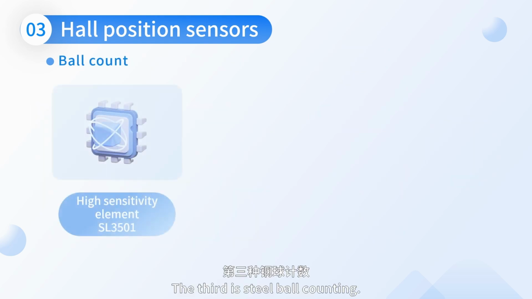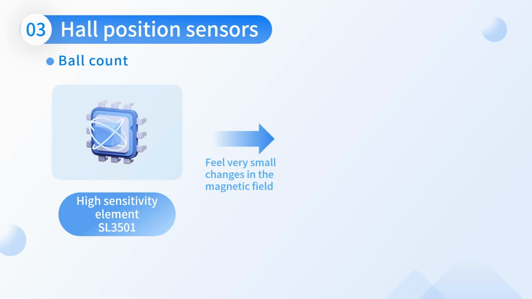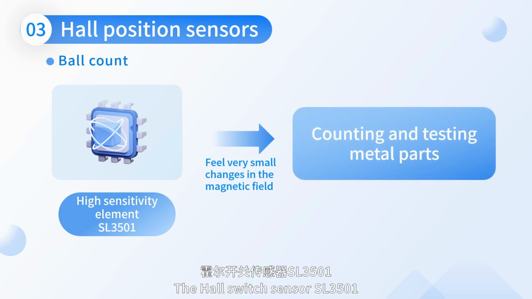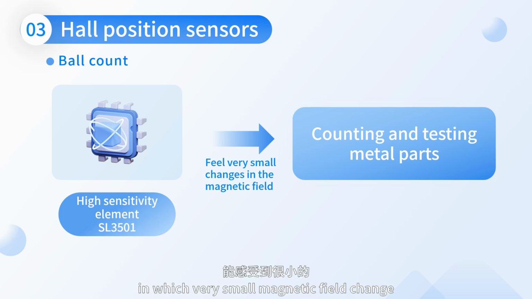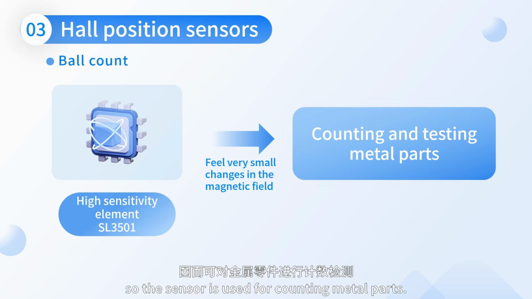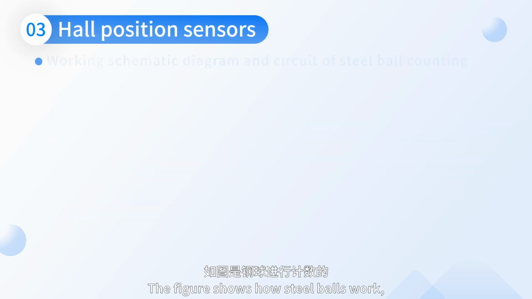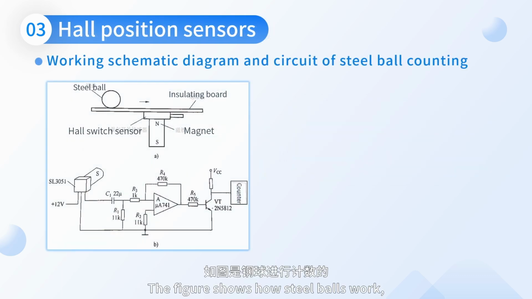The third is steel ball counting. The Hall switch sensor SL3501 has a high sensitivity integrated Hall element, in which very small magnetic field changes can be detected, so the sensor is used for counting metal parts. The figure shows how steel balls work and demonstrates its circuit.